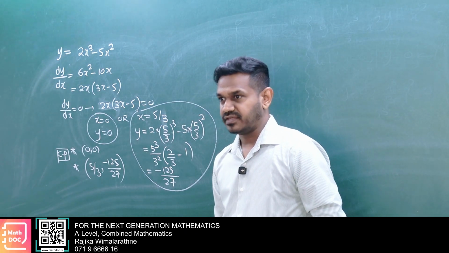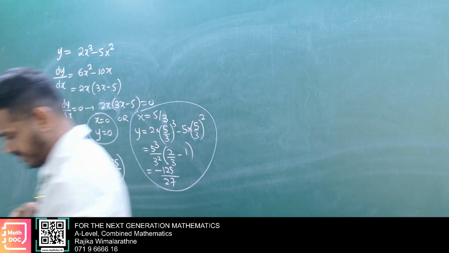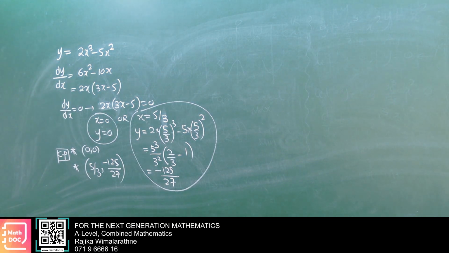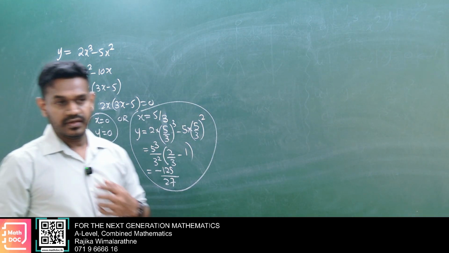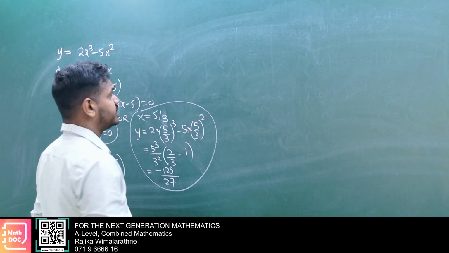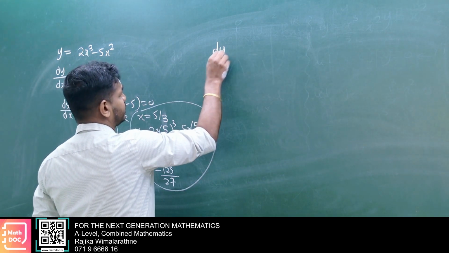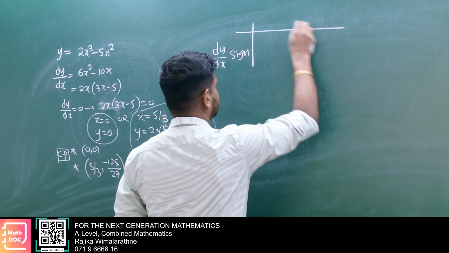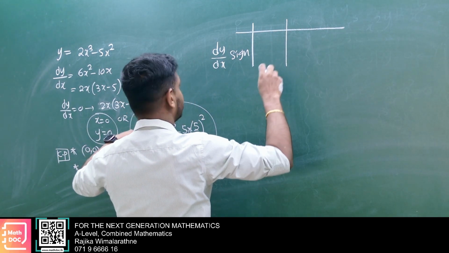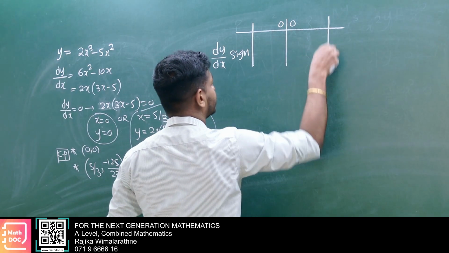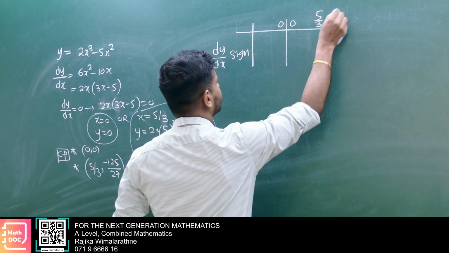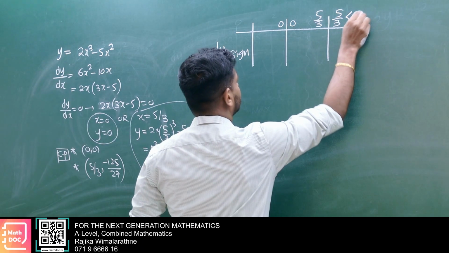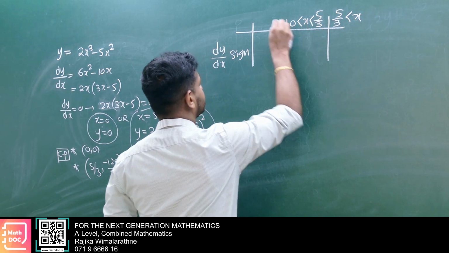Differentiate, factorize, equal to 0. Check the dy over dx sign. So mark the critical values 0 and 5 thirds: greater than 5 thirds, in between 0 and 5 thirds, less than 0.